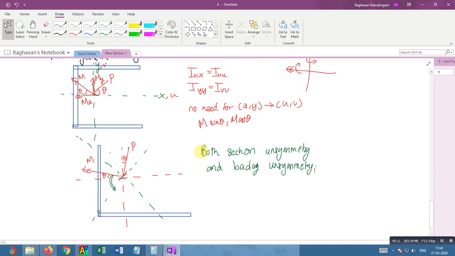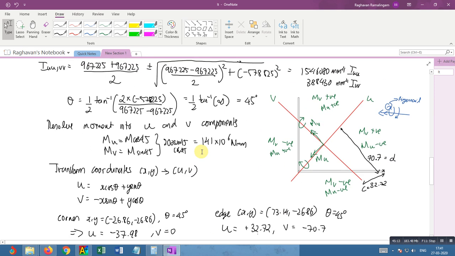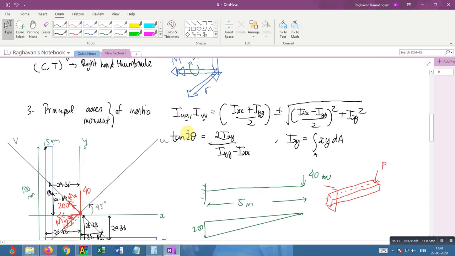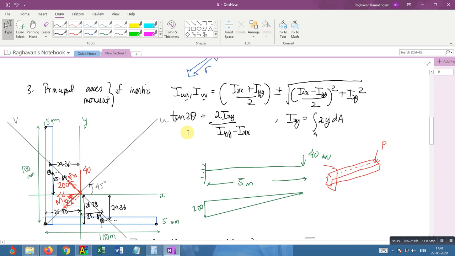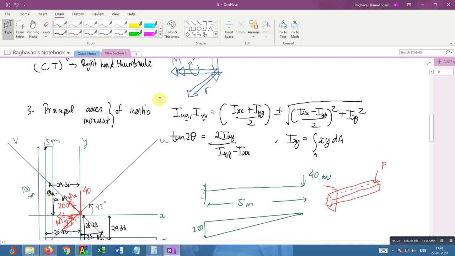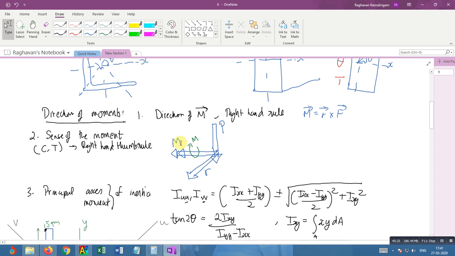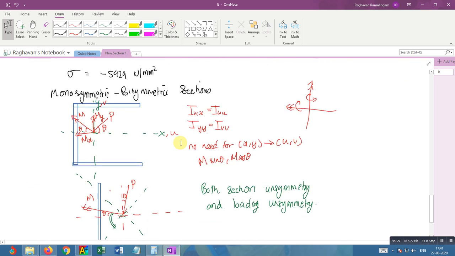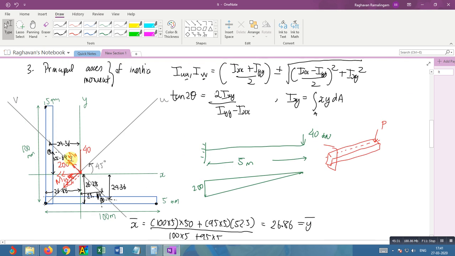I hope this gives you a better clarification on how to solve unsymmetrical bending. This is the actual approach where you don't have to remember formulas, because the problem with formulae given in books is that they are very specific with respect to the coordinate systems that you use, and very specific with respect to the sign conventions for the moments that you take.